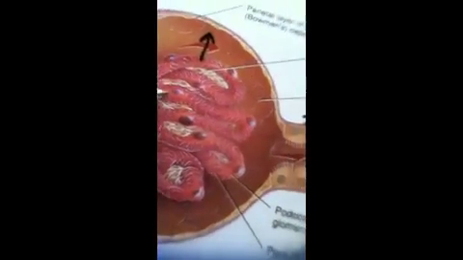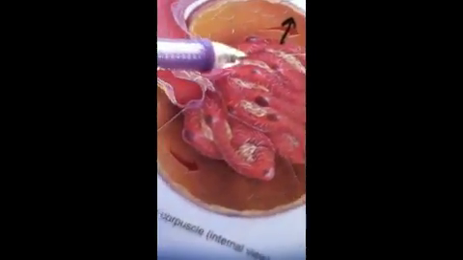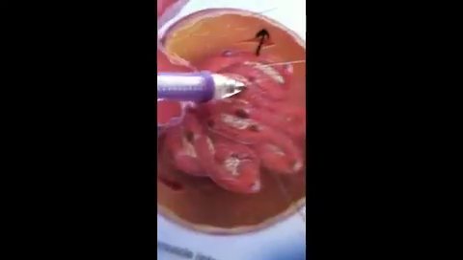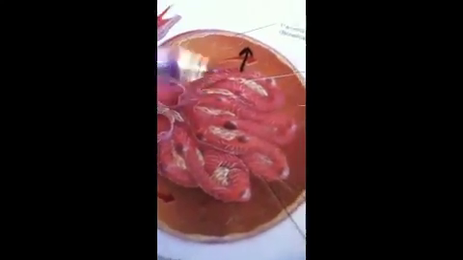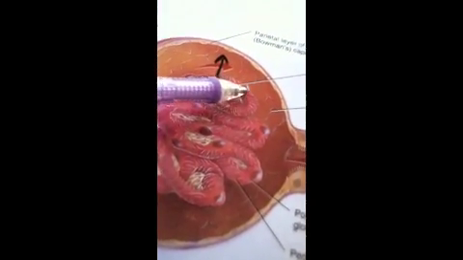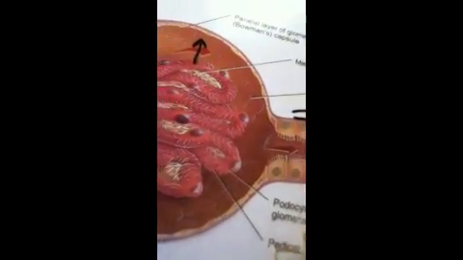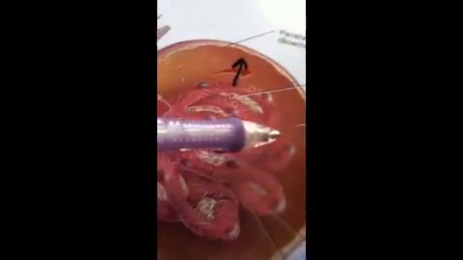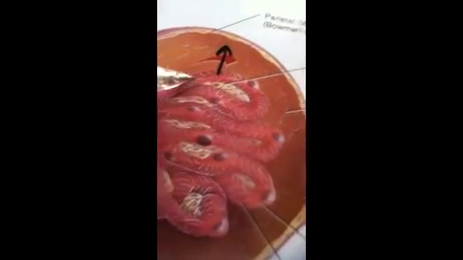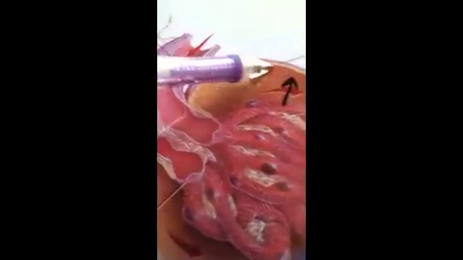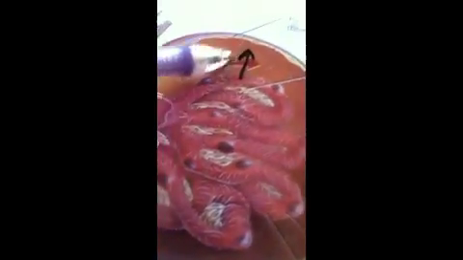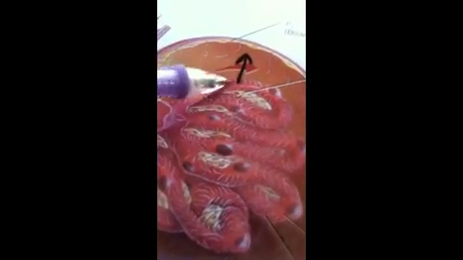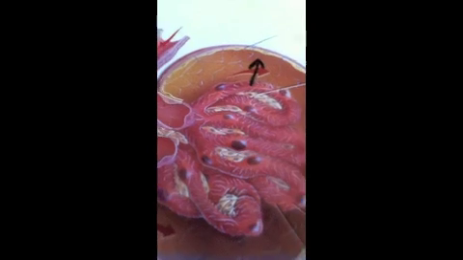The visceral layer of Bowman's capsule is made up of specialized cells called podocytes. We're going to look at that in more detail. Between the visceral layer and the parietal layer, you have the capsular space, and that's where the filtrate gets emptied into.